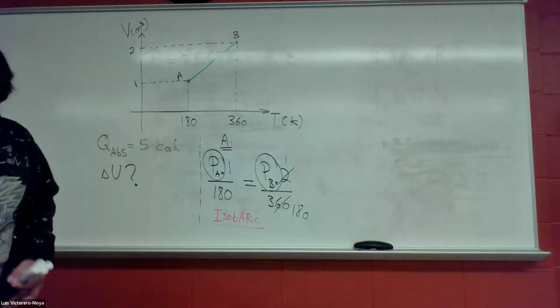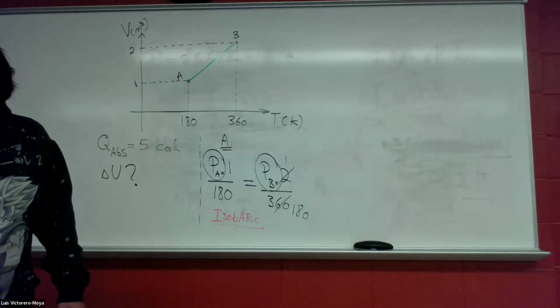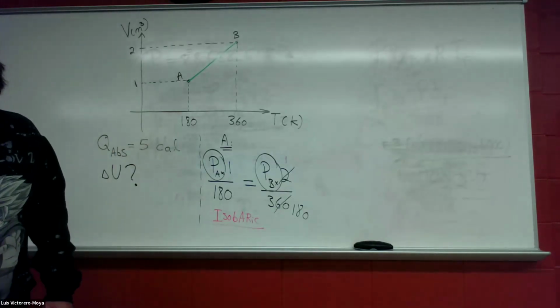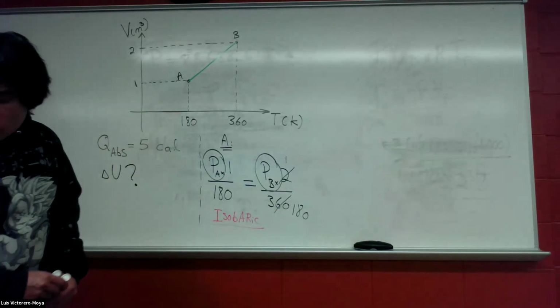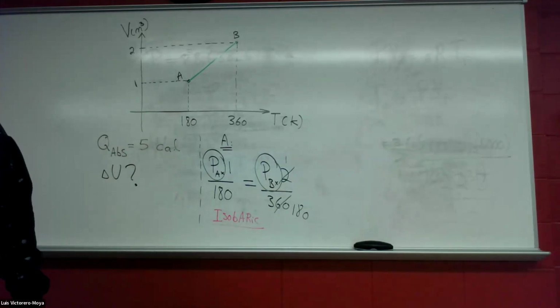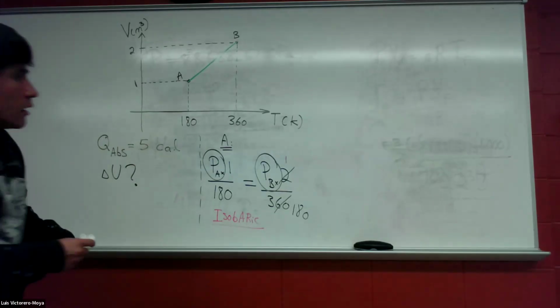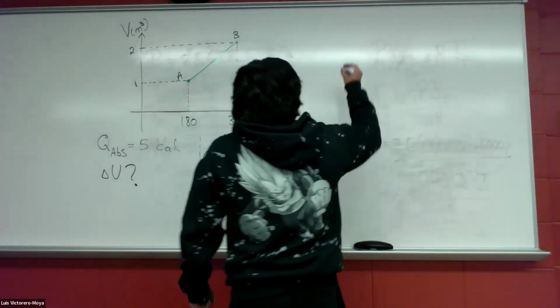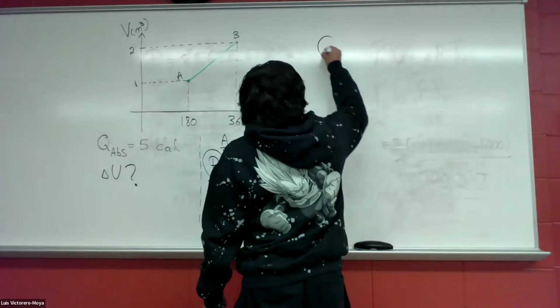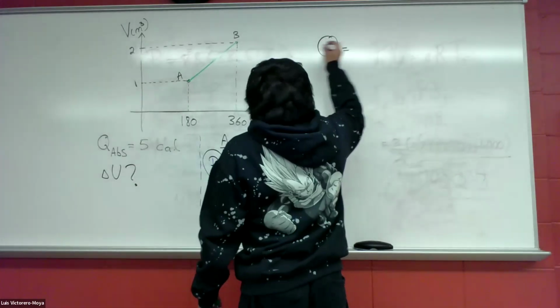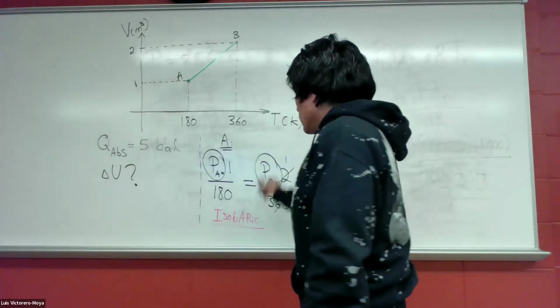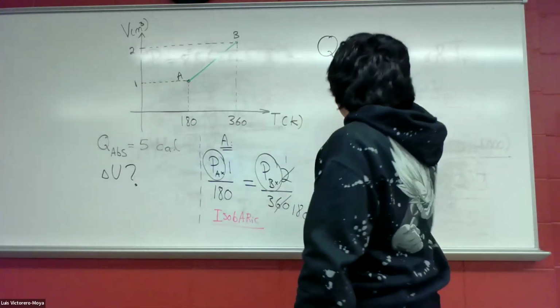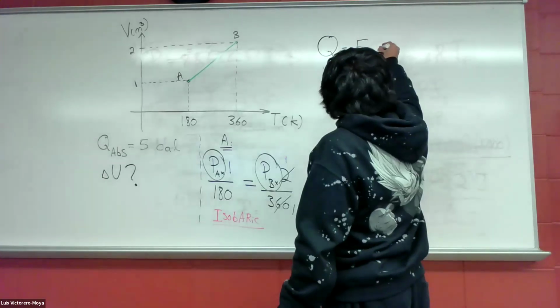If it's an isobaric process, then we can find the value of delta U. You see, the heat for this type of process is 5 calories.